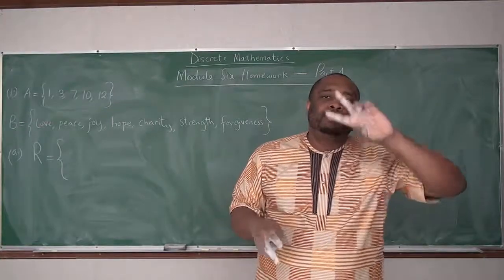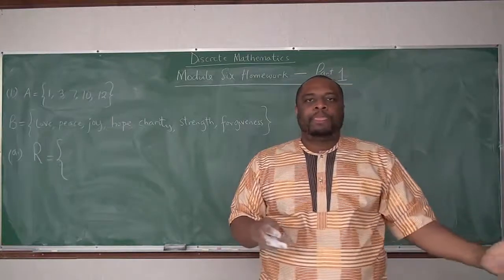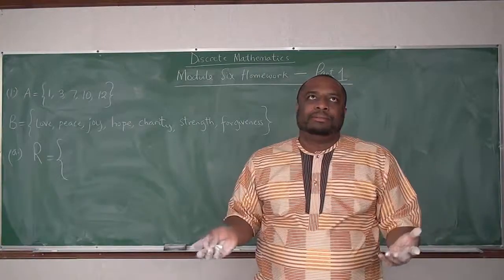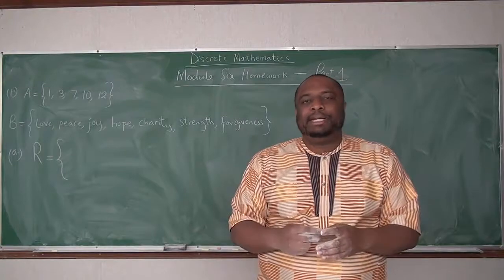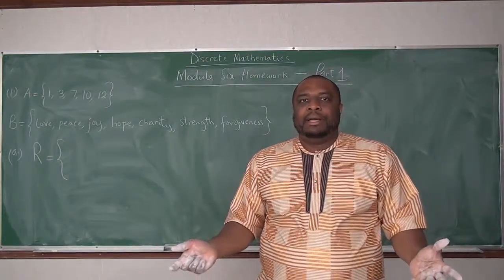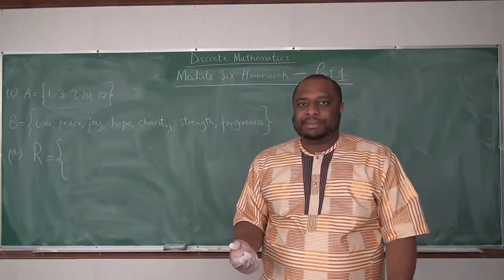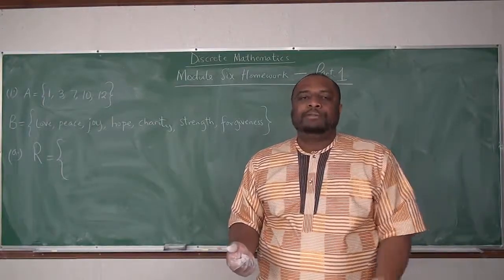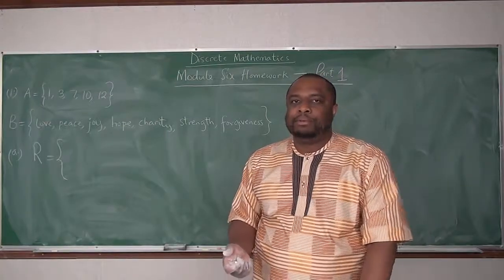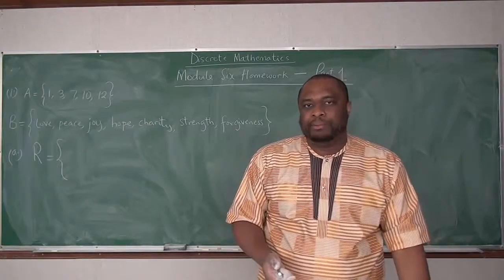Now you can have two different inputs with the same output. I usually explain it this way: two people can make the same grade on a test, but a person cannot make two different grades on the same test. So you could have two inputs with the same output, but you cannot have one input with two different outputs.